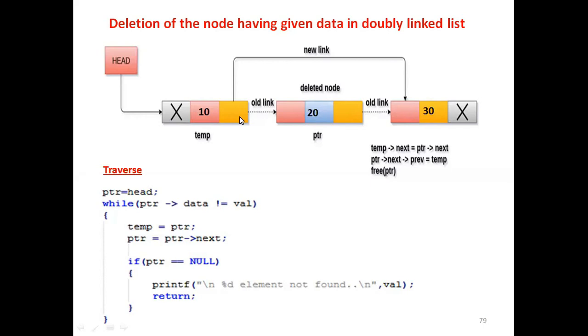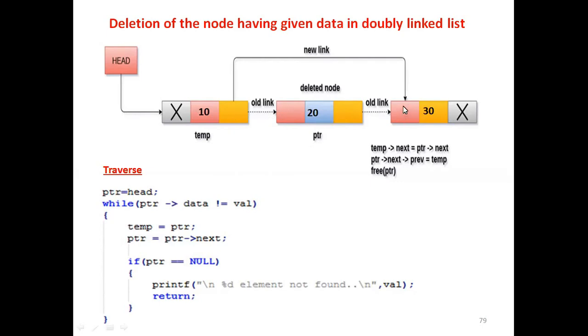So this field is temp next. So temp next should point to which node? It should point to this node. So how to access this node's address? This node's address you can access by using PTR next. So PTR next means this field contains this node's address. So you have to assign temp next equals to PTR next.